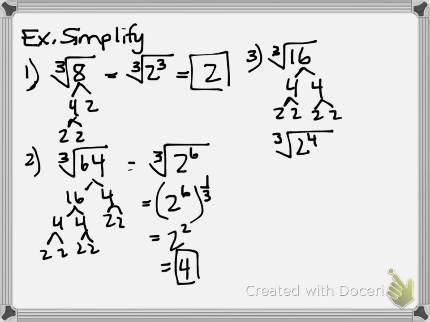Okay, I'm going to blow your mind right now. You guys ready to get your minds blown? All right, here we go. We've got 2 to the 4th power, and I want to raise it to the 1/3 power. Guess what? It doesn't reduce. That's okay. I can handle this. So I multiply, and I get 2 to the 4/3 power. Okay, crud.